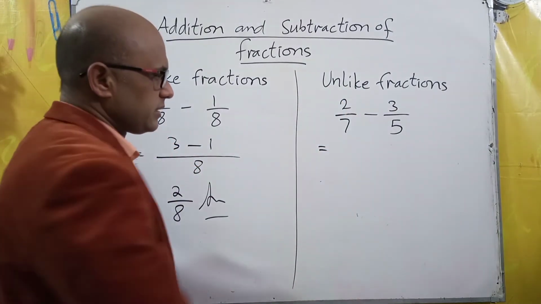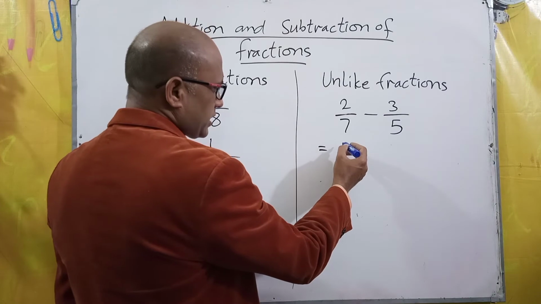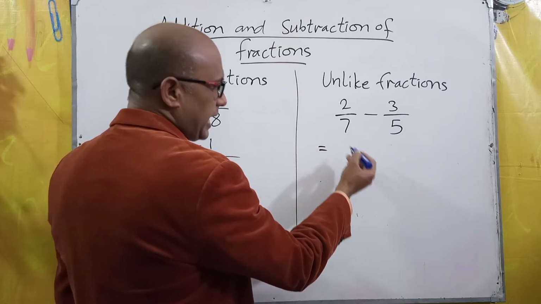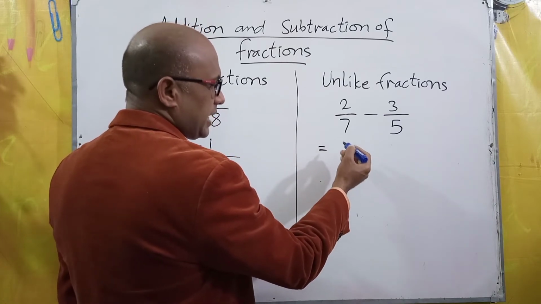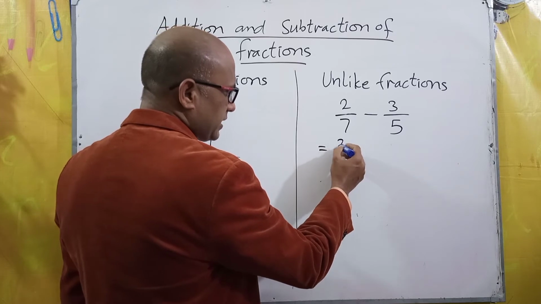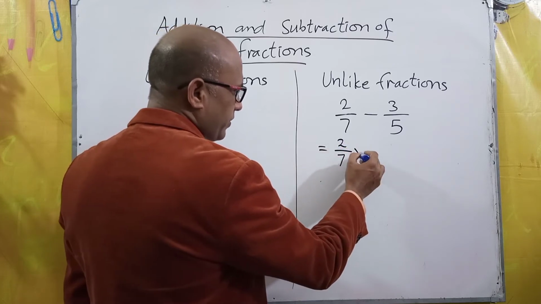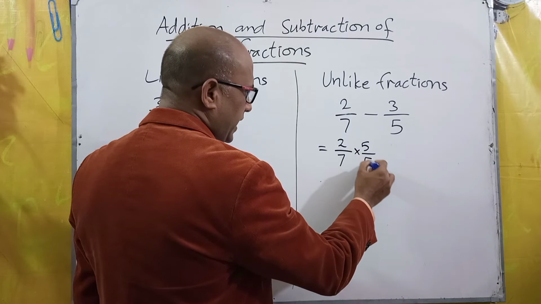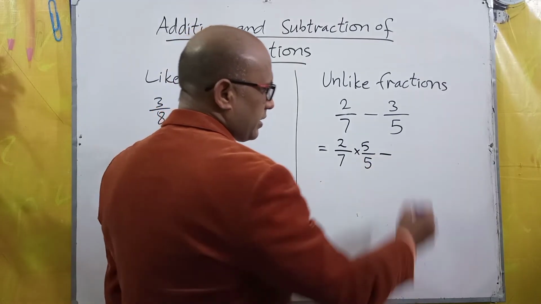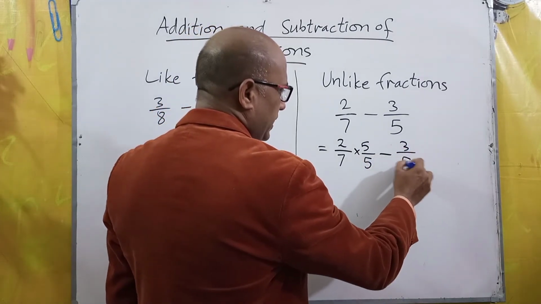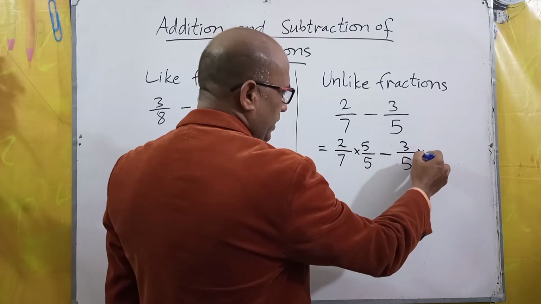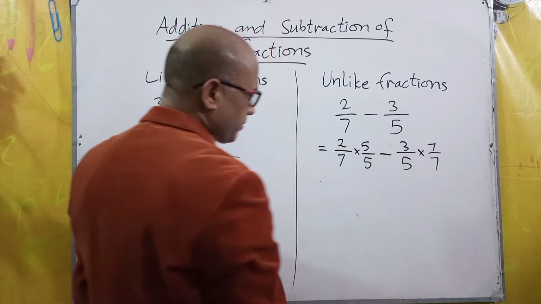unlike fractions. So students, first of all, we'll make them like fractions. We'll turn them into like fractions by multiplying 5 over 5, and we'll multiply the other fraction with 7 over 7.